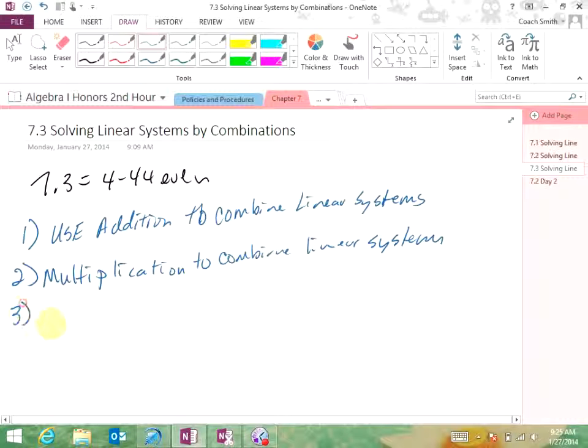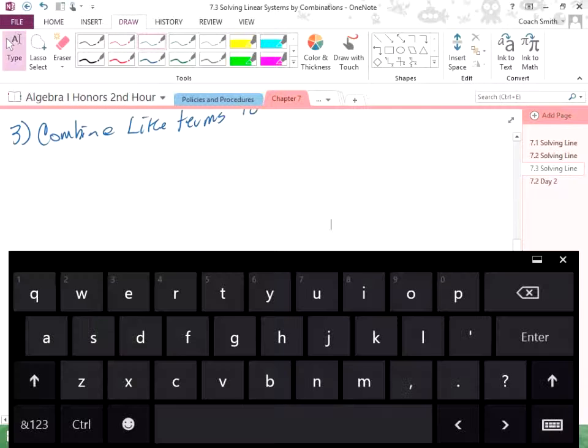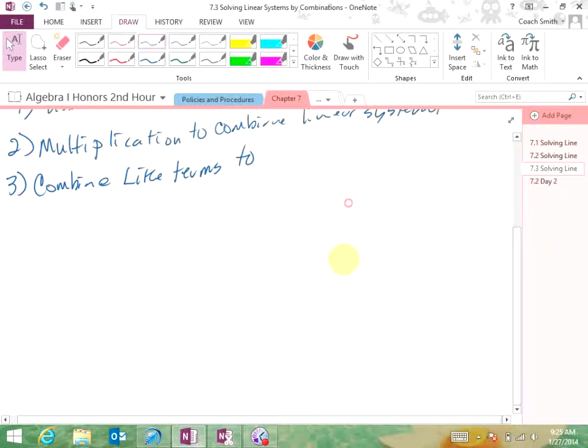And we're going to combine like terms. So it's sort of combine like terms to use combinations for linear systems.